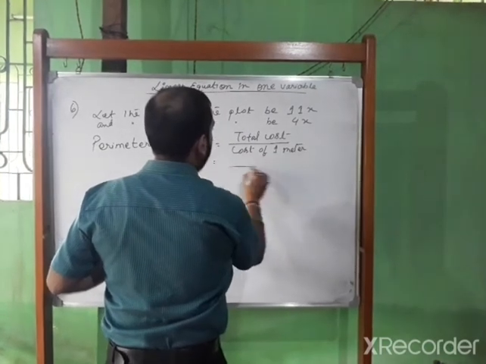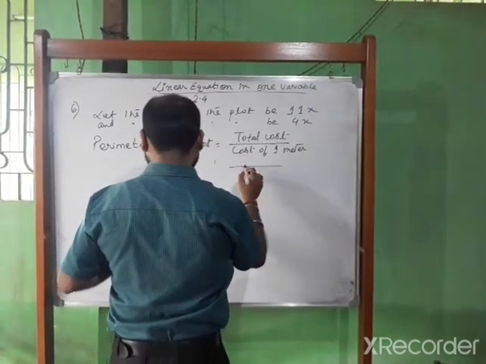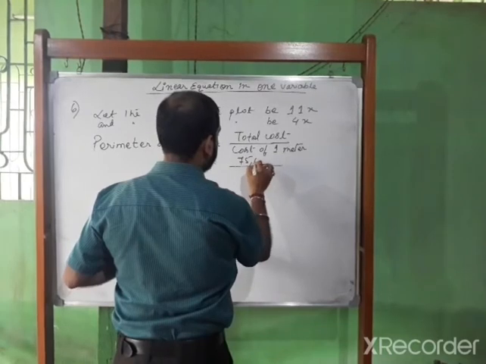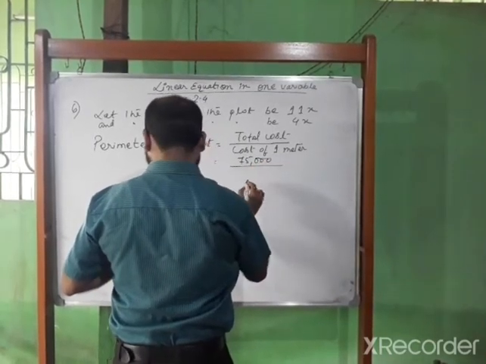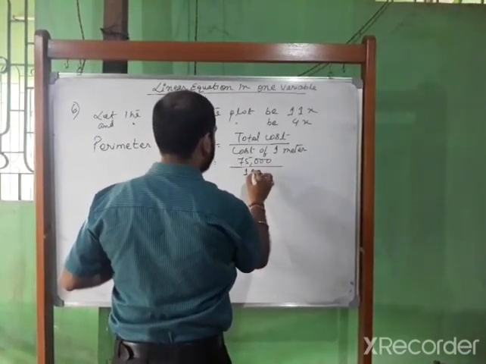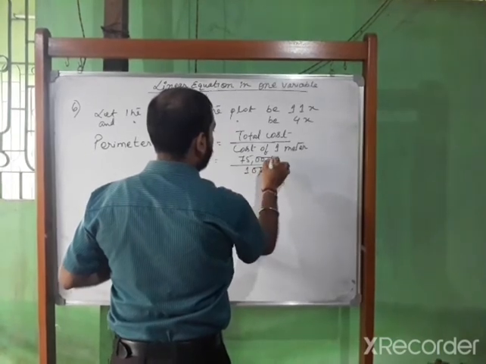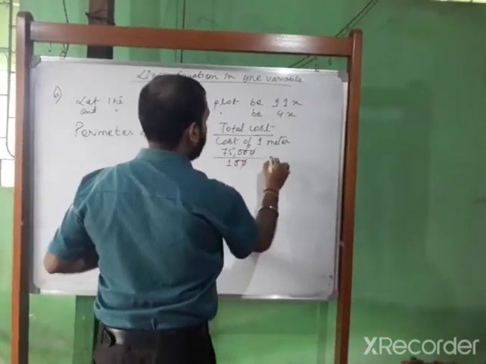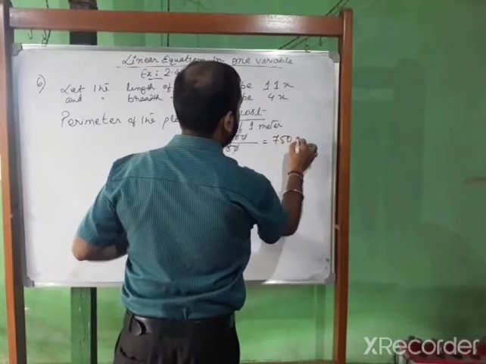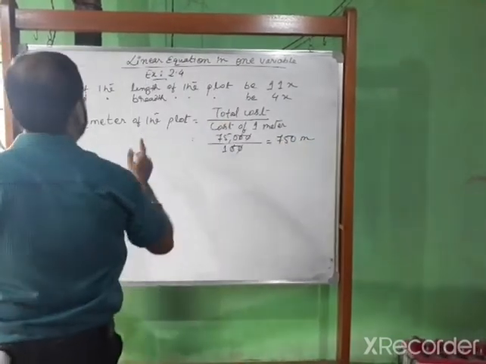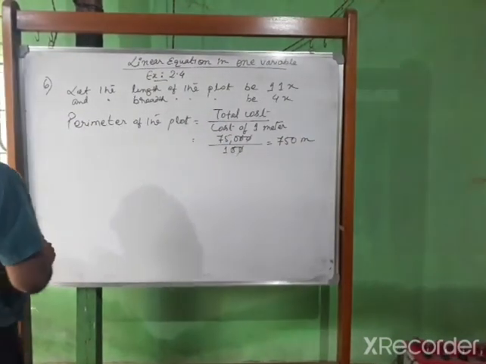Total cost is given as 75,000, and cost of 1 meter is given as 100. So the zeros are cancelled, that is 750 meters.